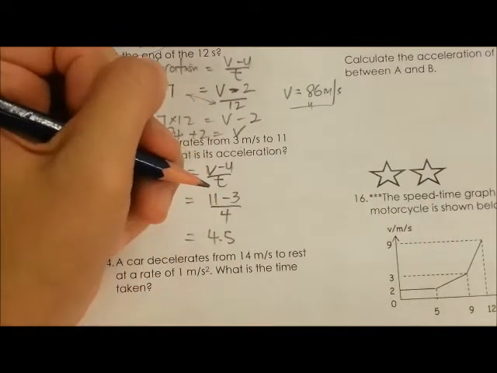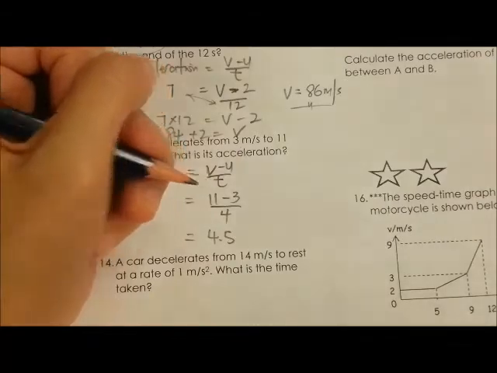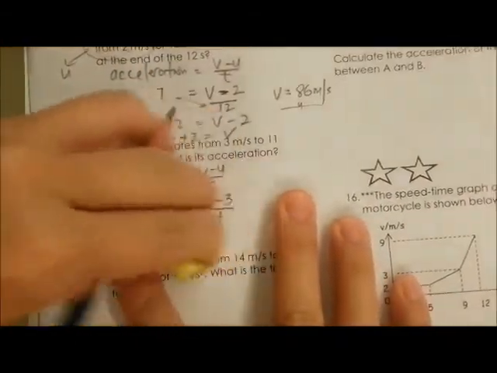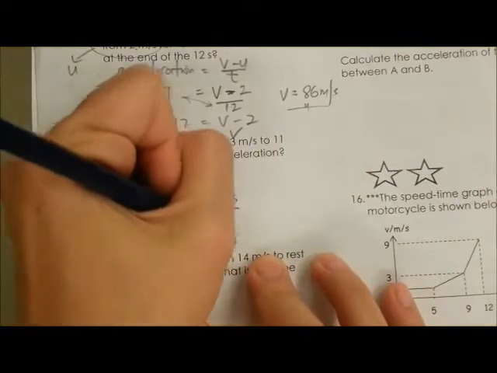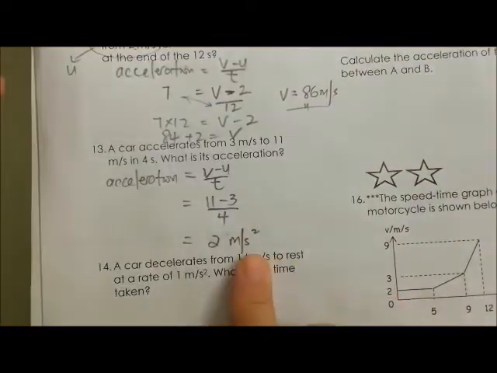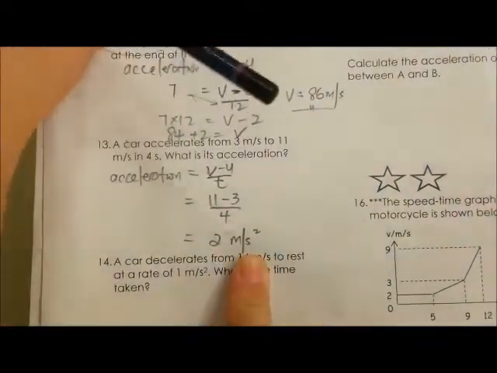The answer is 2 meters per second squared. Make sure your unit is correct.